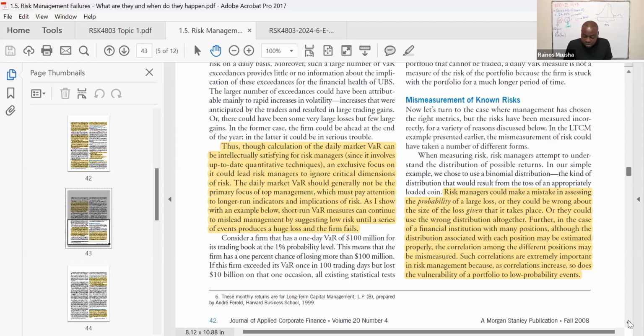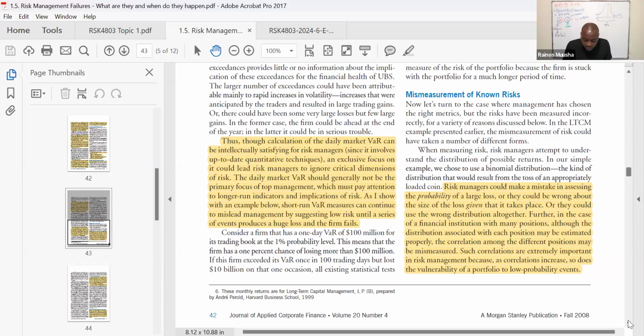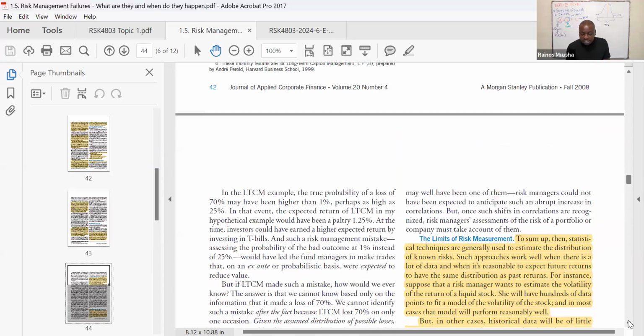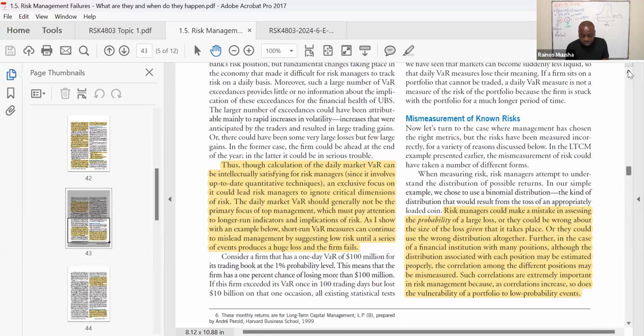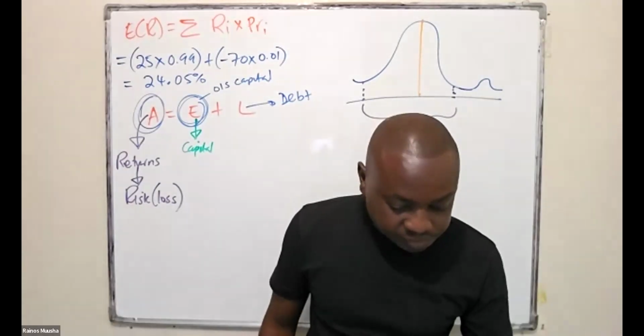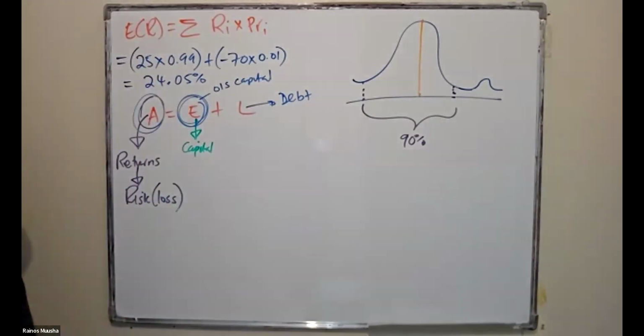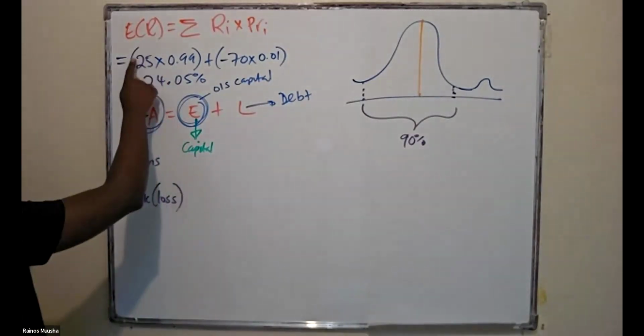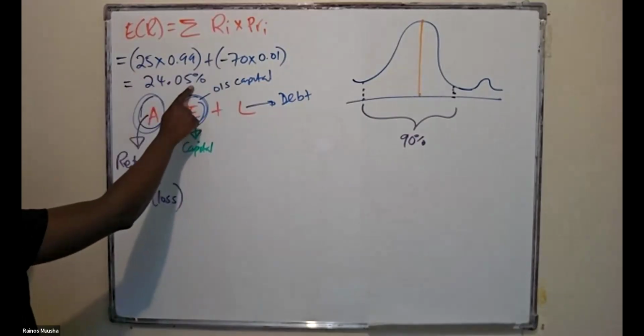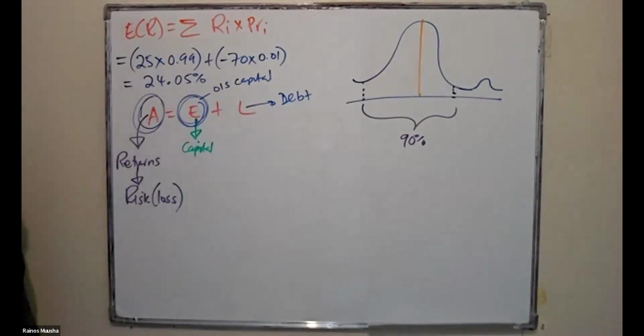Such correlations are extremely important in risk management because as correlation increases, so does the vulnerability of the portfolio to low probability events. So here, when they talk about mismeasurement of known risks, as an example, remember we said our expected return is calculated using this amount, and we got that the expected return is this amount.